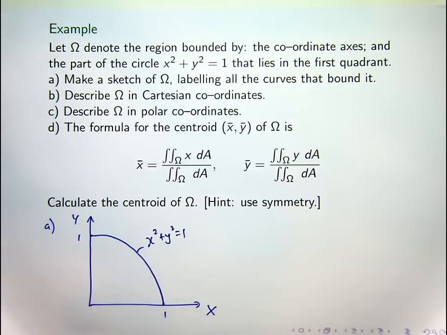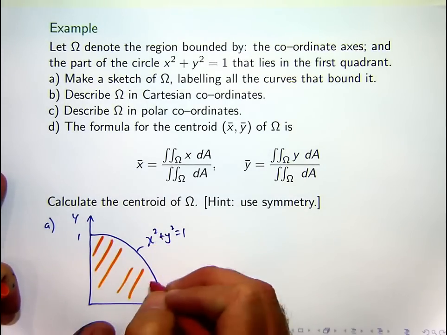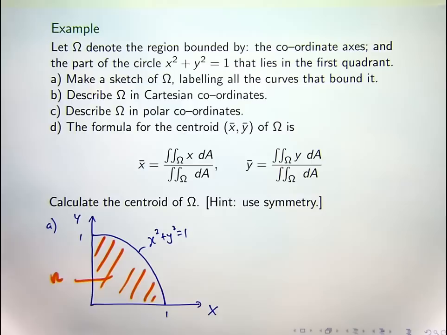Okay, not a great drawing, but basically our omega is a quarter unit disk that lies in the first quadrant. Now, have we labelled all the curves? Well, yeah, I've labelled the x-axis, the y-axis, and the circle. So I think that's enough for this part of the problem.